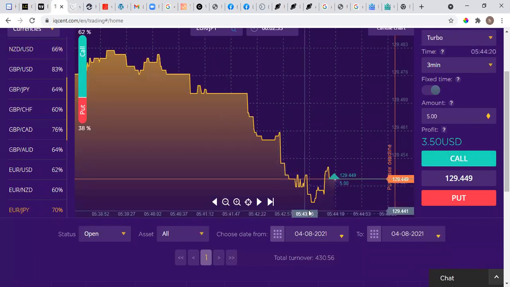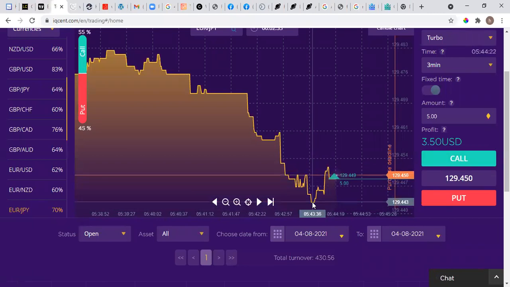If you get a lower entry, it reached that 443. I didn't even get that low entry, but good for you if you entered at 443. That's the best area.